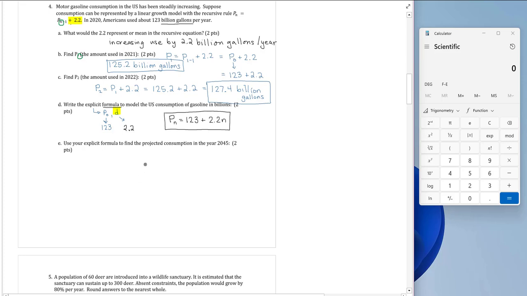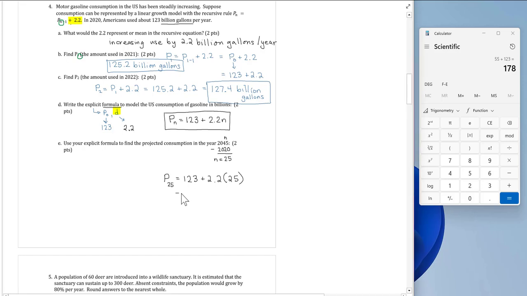In part E, it says use that formula to find the projected consumption in the year 2045. So again, that's a year, so it's related to n. So I'm going to subtract the initial year. To find out, I'm trying to jump 25 years in time. So the amount in year 25 is 123 plus 2.2 times by 25.